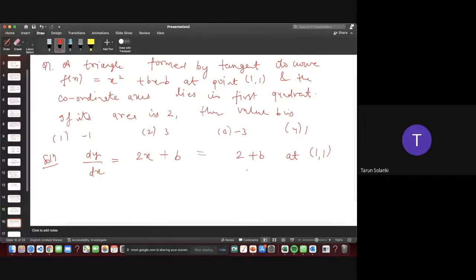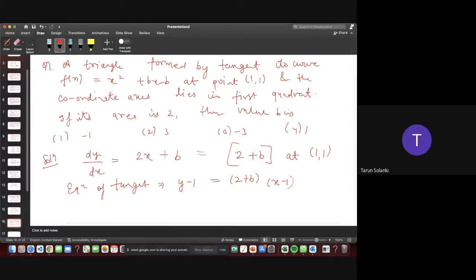So this is our required slope. Okay. So now if we go for the equation of tangent, which is y minus 1 is equals to 2 plus b into x minus 1, right? Because 2 plus b is the slope here, since this is dy by dx, right?